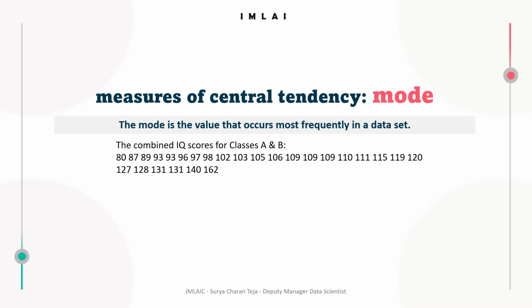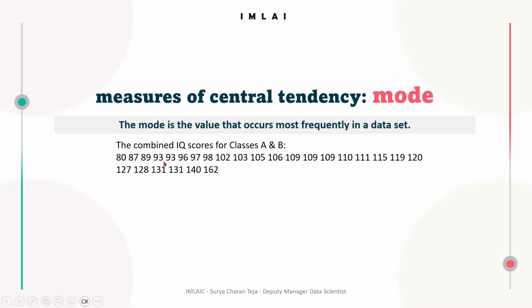Let's take the following example. Here we have the combined IQ scores for classes A and B. That's the example we have been using from the beginning of this descriptive statistics course. Here you have the total 26 students' IQ scores from 80, 87, 89.